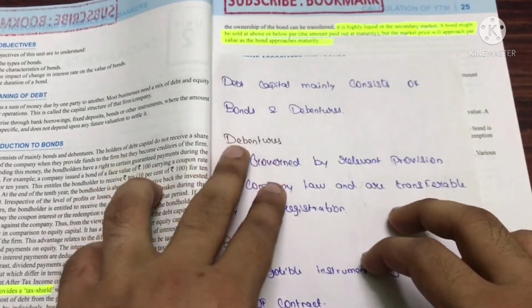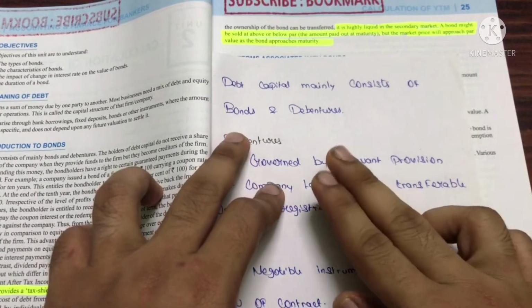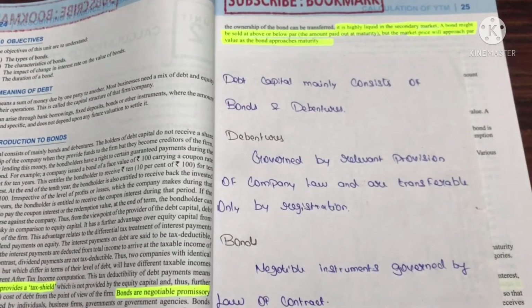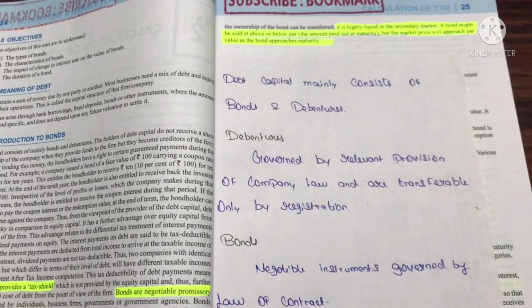Debt capital mainly deals with bonds and debentures. For bonds and debentures, the major concept is almost similar: the company will get an amount from the public or investors, and the company will issue either a bond or debentures. In both cases, the company will pay some fixed interest to the investor.